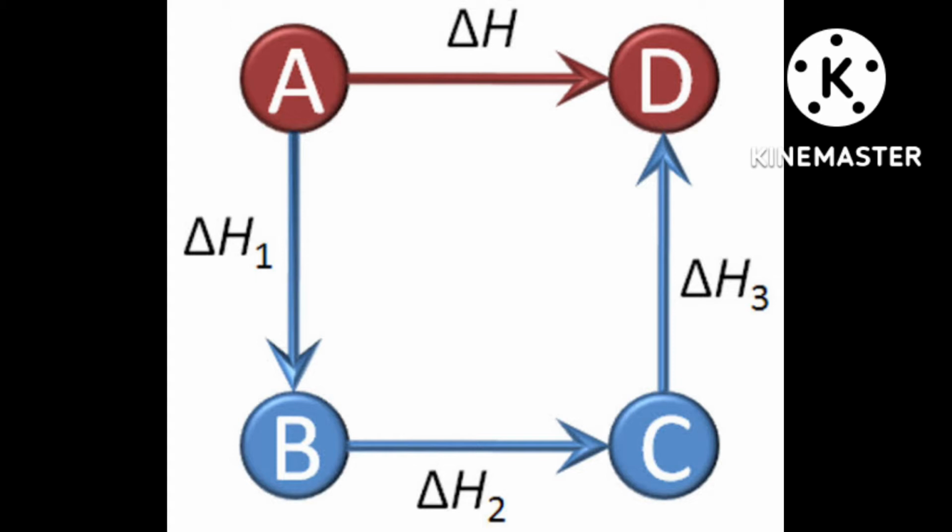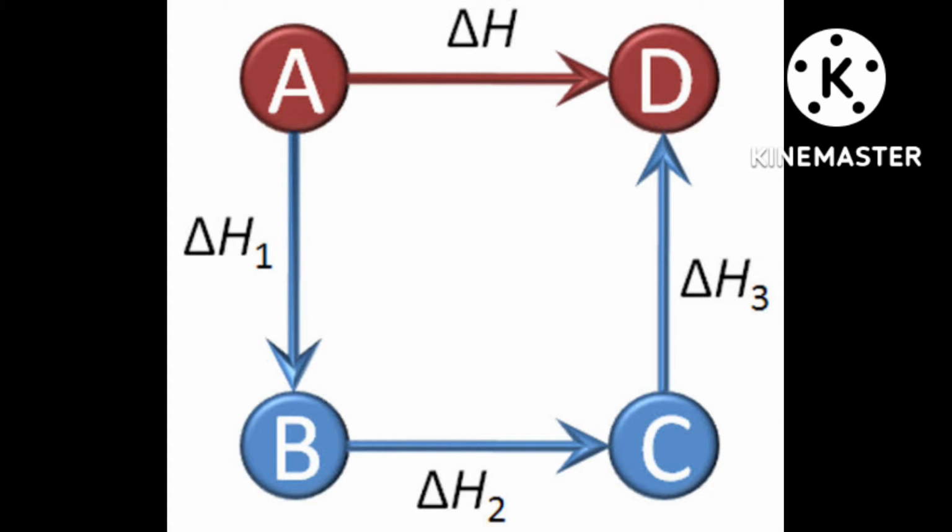Again I am repeating: if a reaction takes place in several steps, then its standard reaction enthalpy is the sum of the standard enthalpies of the intermediate reactions into which the overall reaction may be divided at the same temperature.